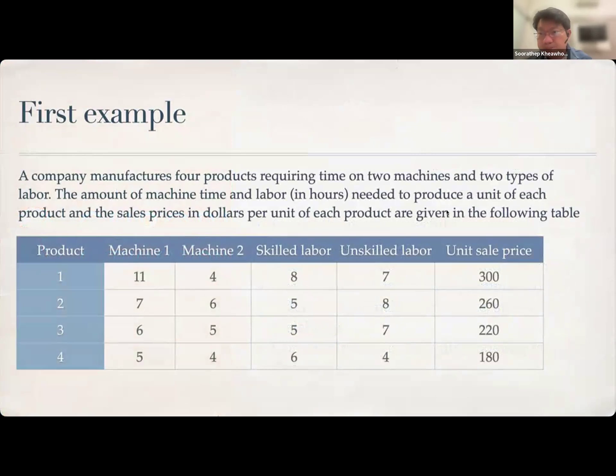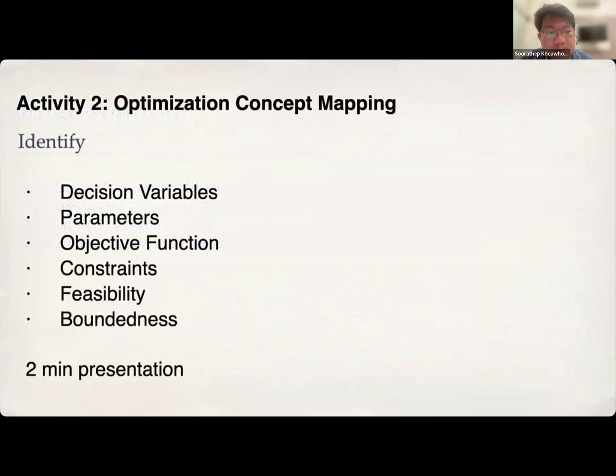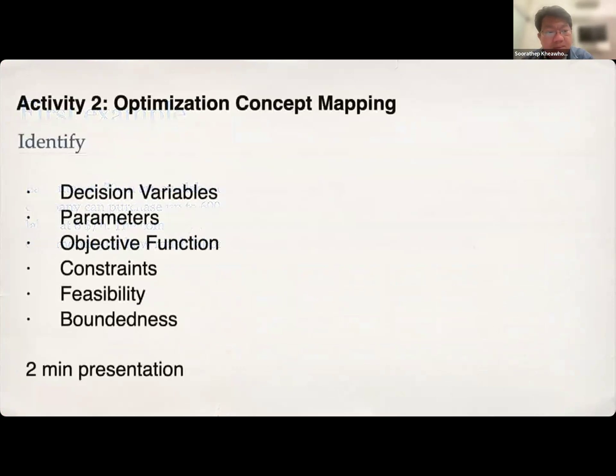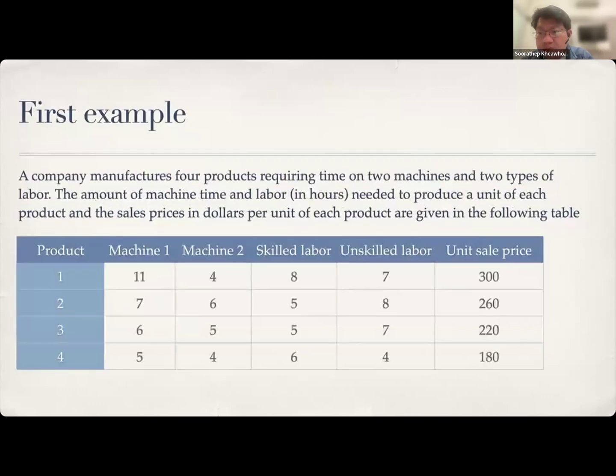So we have a class activity again. Look at the first example. You can download this problem from the slide I gave in my course view. There are 2 pages for this problem.